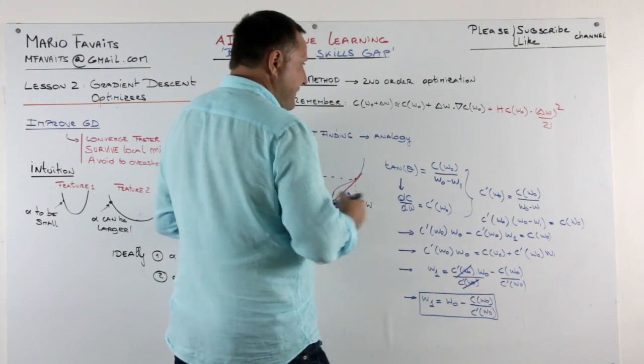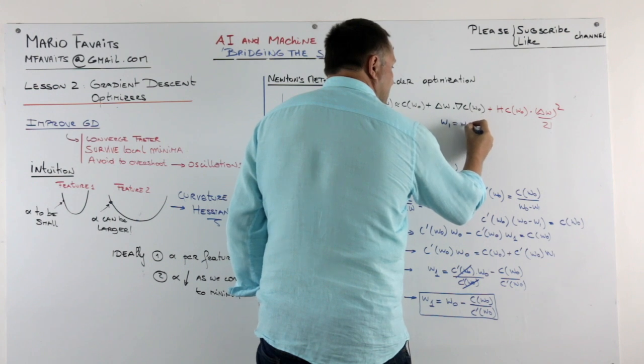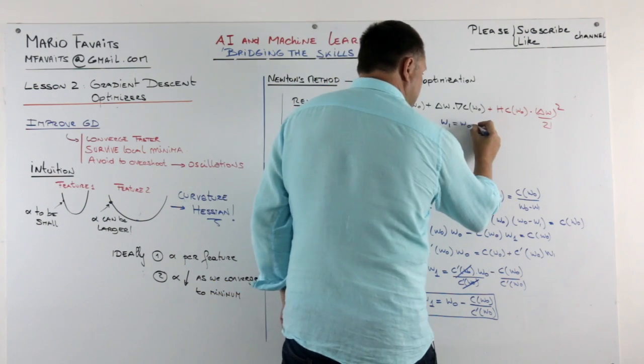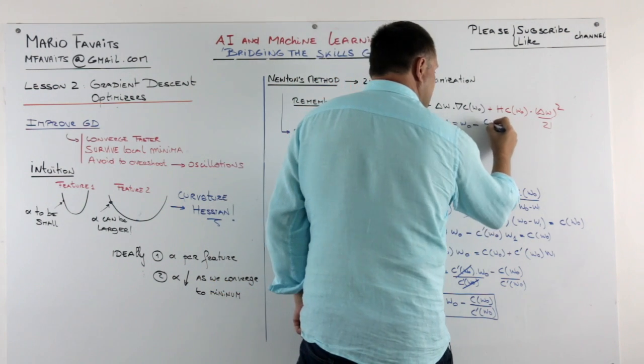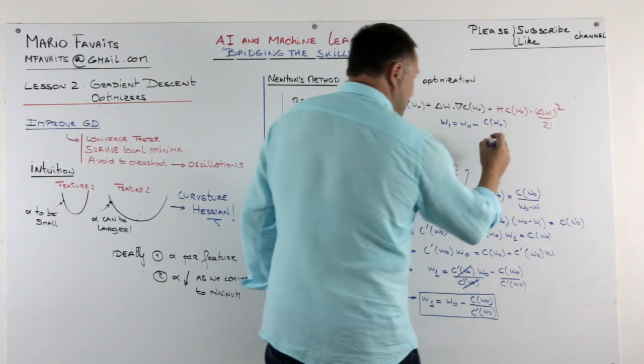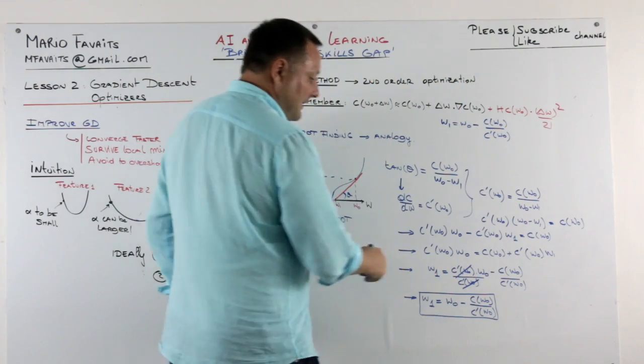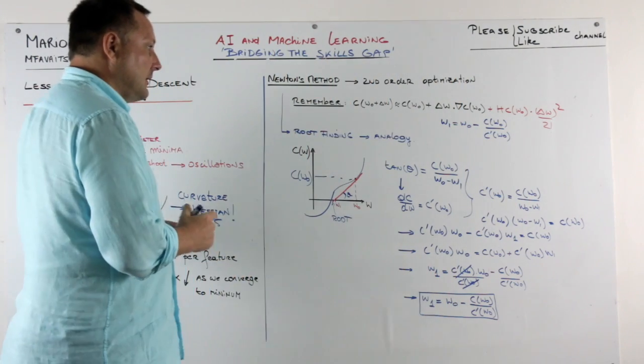Okay, so we have W1 equals W0 minus C of W0 divided by C prime in W0. That's exactly the formula we have.